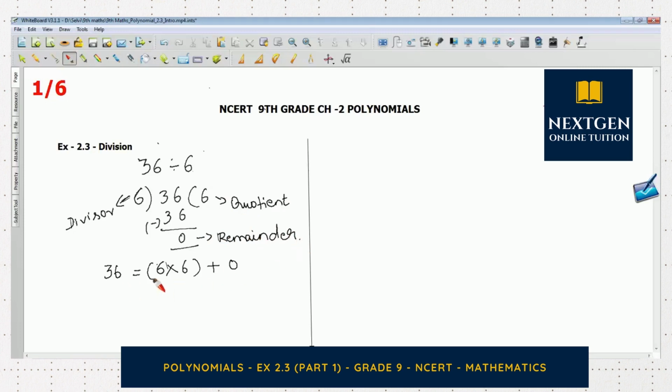So if I want to write a division statement for this sum, I have to multiply my divisor and quotient and then add my remainder. In this case, the remainder is 0.